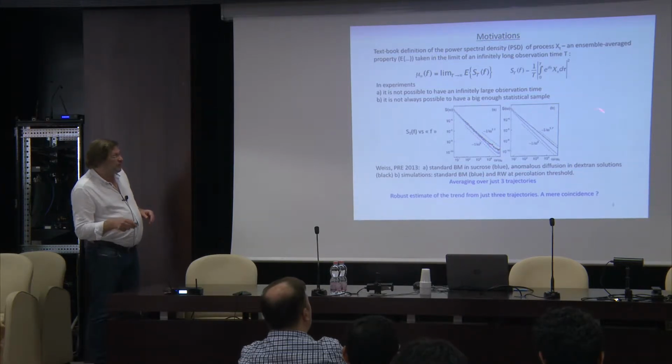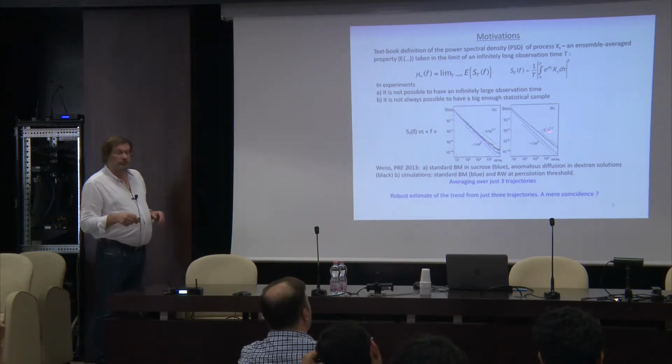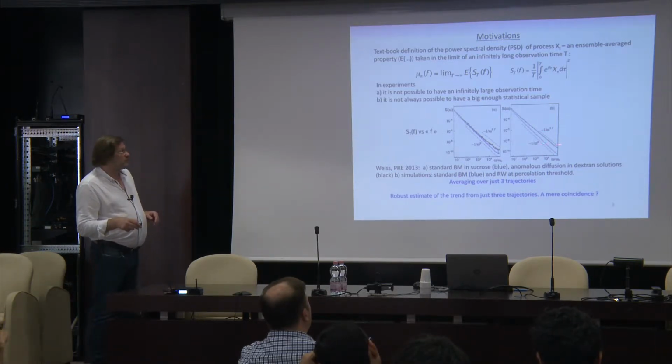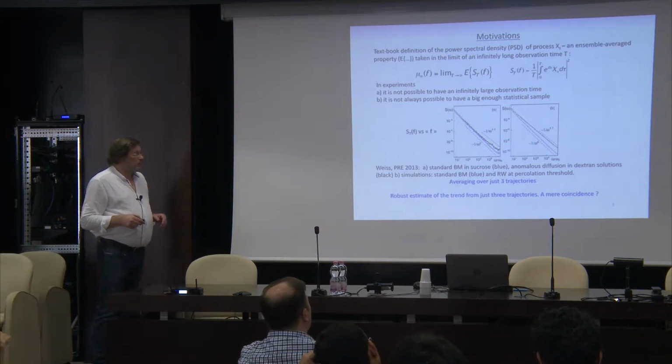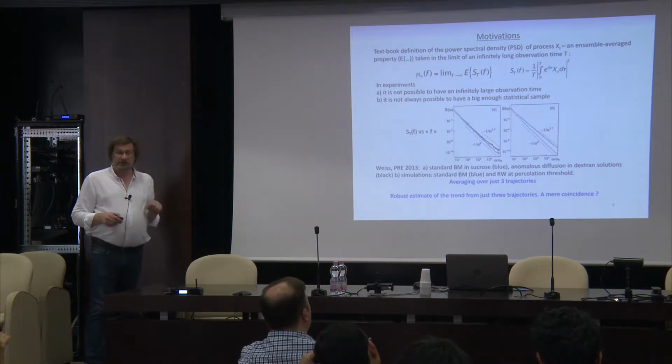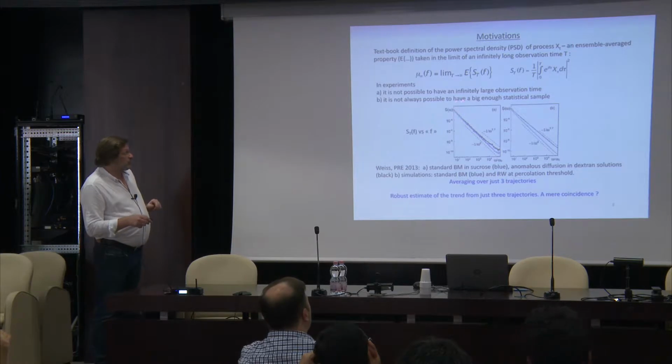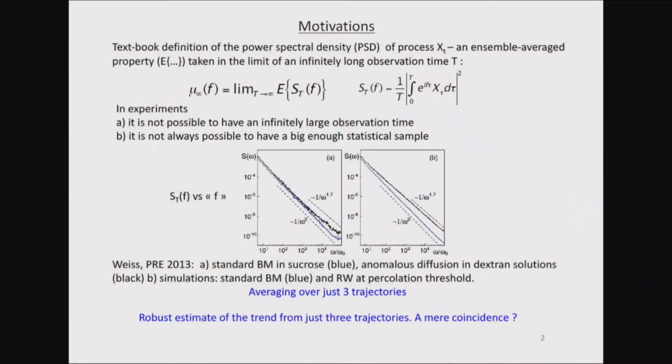And these are numerical simulation results for standard Brownian motion on a square lattice, and second, Brownian motion on a percolation cluster. Here the power spectral density is plotted as a function of frequency, and the average is taken just over 3 trajectories.